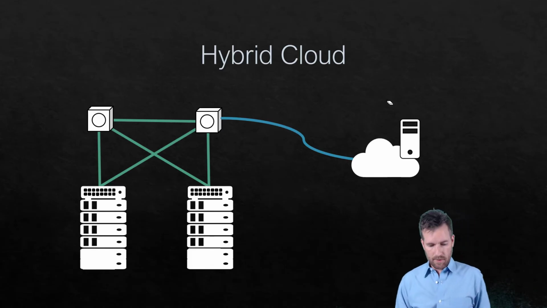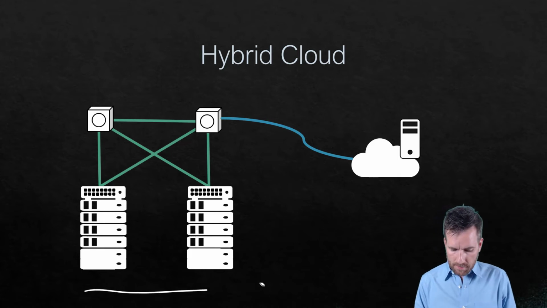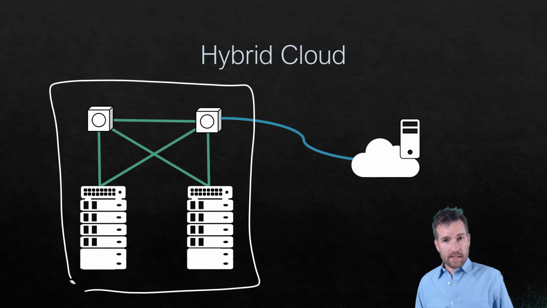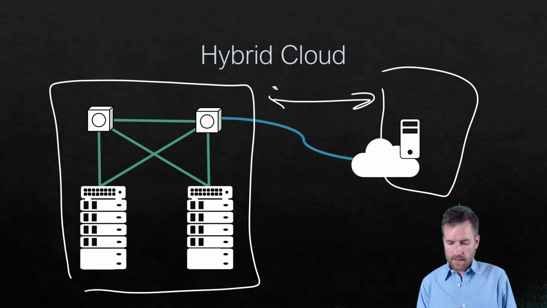Then you have hybrid. With all of these different technologies, the way the hybrid works is you possibly have some sort of private equipment that you own, but then you also have some cloud resources, and it shares the responsibility between the two.